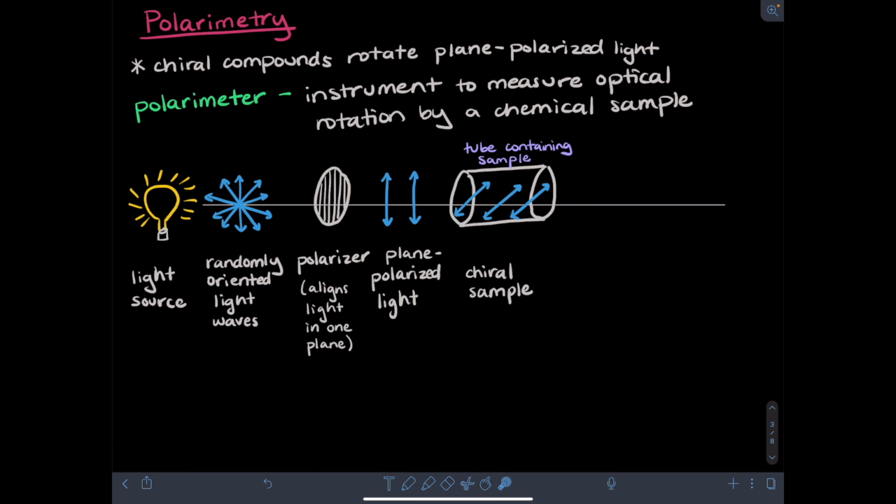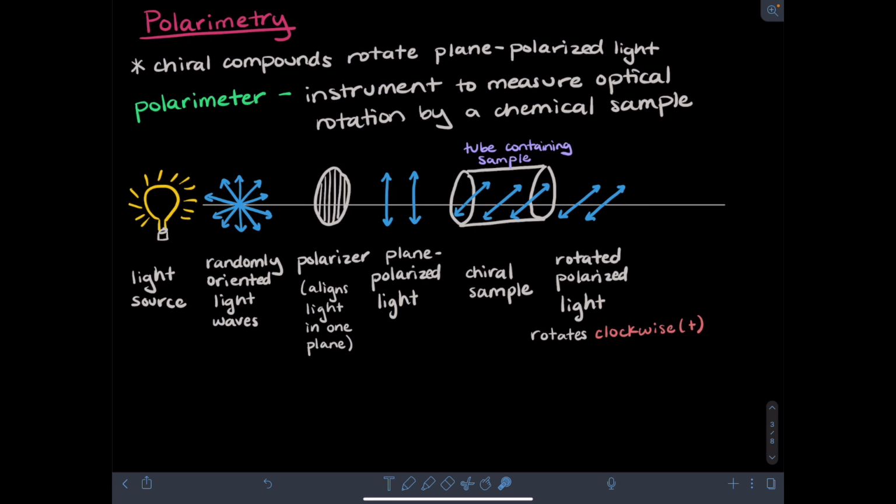Next, the light gets passed into a tube containing the chiral sample. What's interesting about chiral samples is that they cause this plane polarized light to rotate. Notice I've shown my light waves as no longer being vertical, but now skewed. After the light has passed through the chiral sample, it retains that same rotation that it developed while it was passing through the sample.